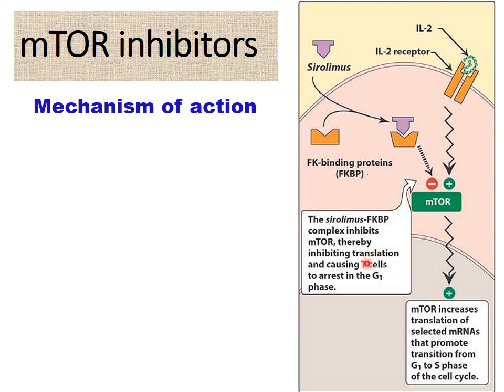So the cell becomes arrested in the G1 phase. So there is inhibition of T cell differentiation and proliferation. So these drugs act at a later stage as compared to cyclosporine, thereby inhibiting the adaptive immune system.